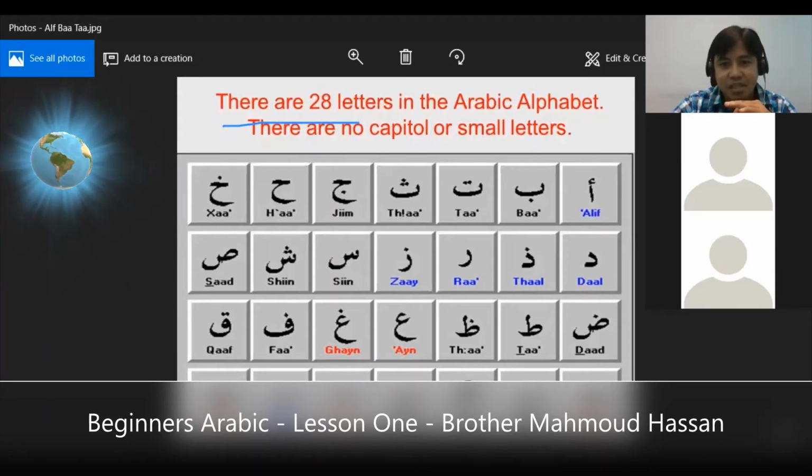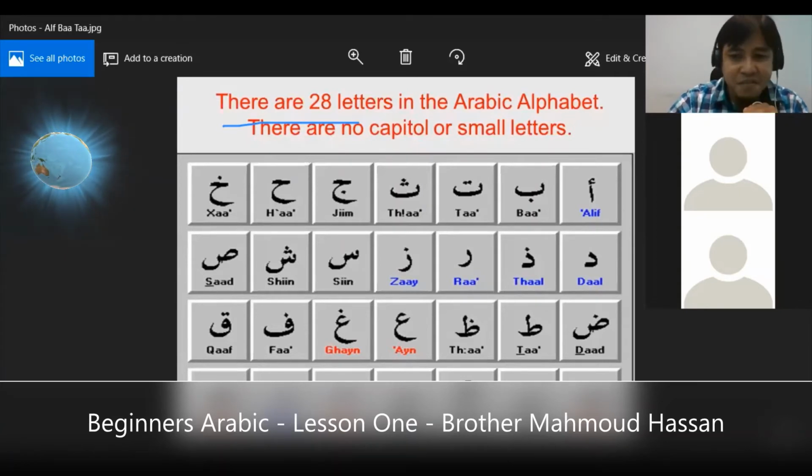That's alif. If you put here the fatha, we read it as a. If we put here the kasra, we read it as e. And if we put the dhamma on the top, we read it as u. And I will show you later. So that's why we disregard the letter alif for now.